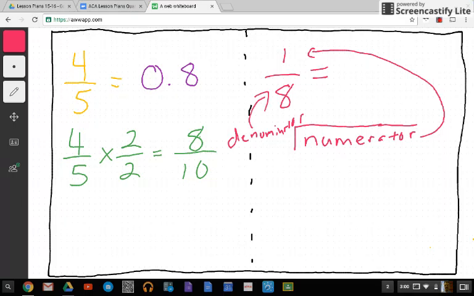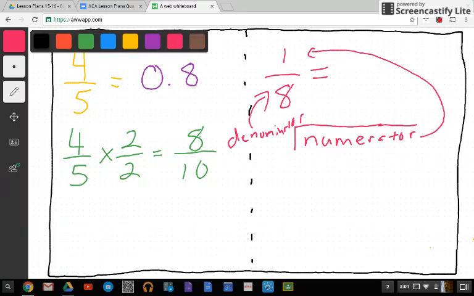Now, this is the second time we've done something like this. This is exactly how we took improper fractions and converted them to mixed numbers. And it's how we take any fraction and convert it to a decimal. So remember, it is always numerator divided by denominator.